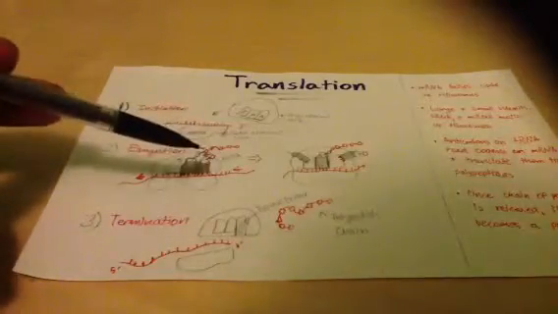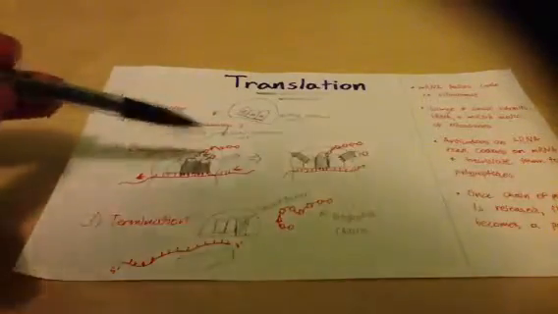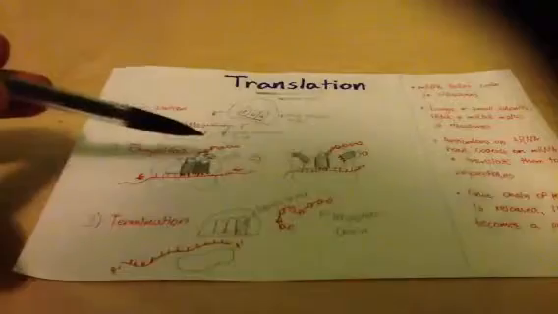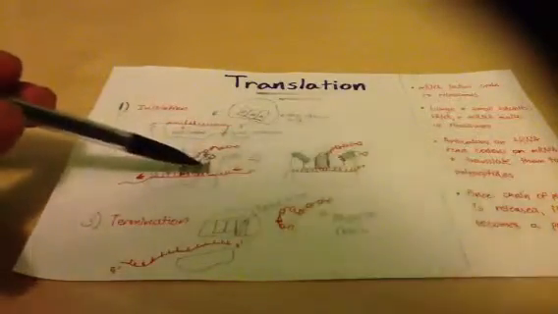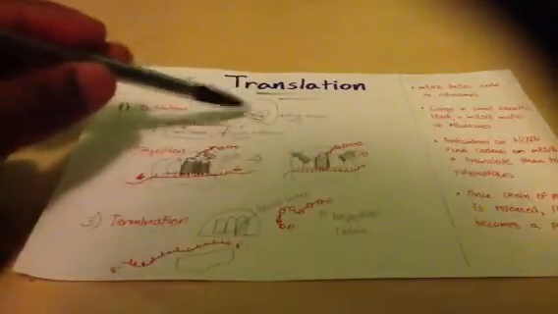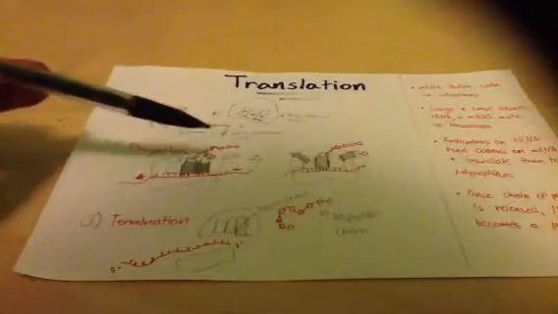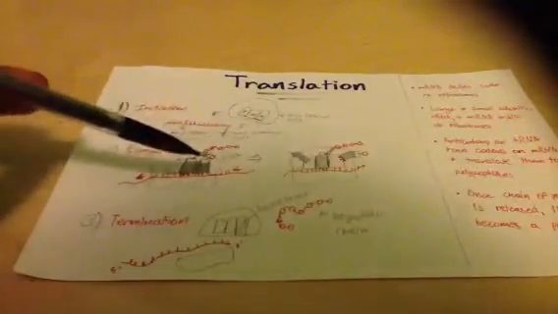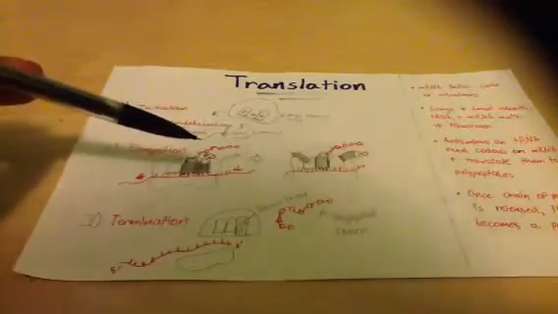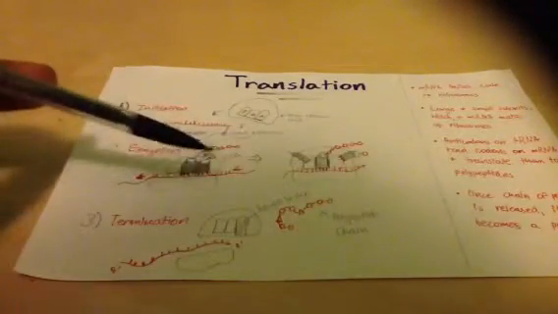Once they bind to it, in the long process of elongation, once this is in the A site, you see here is the EPA site. It first goes to the A site, and that's when the anticodons are binding to the codons of the mRNA.